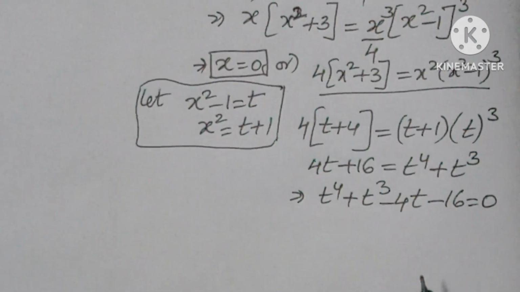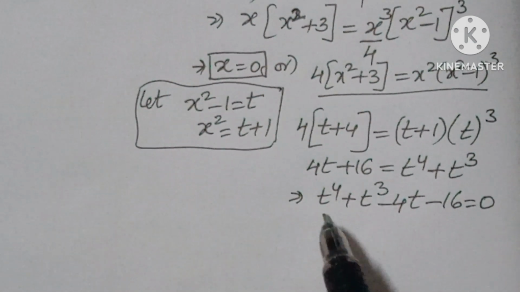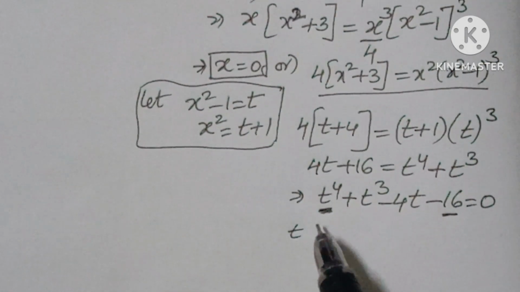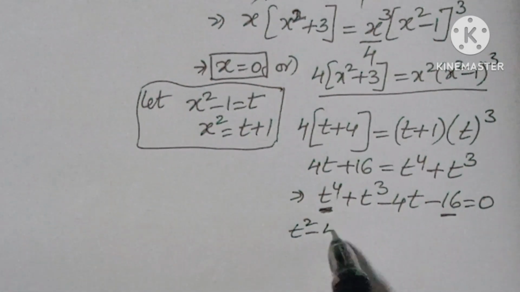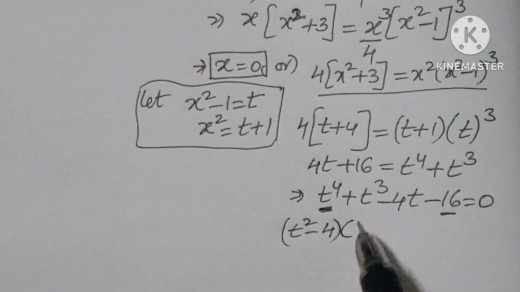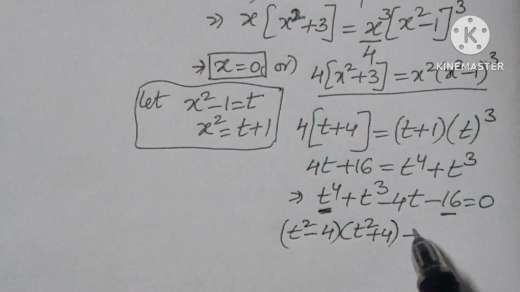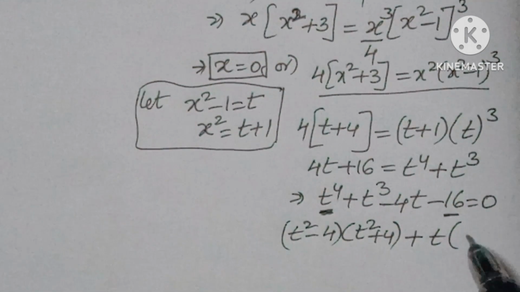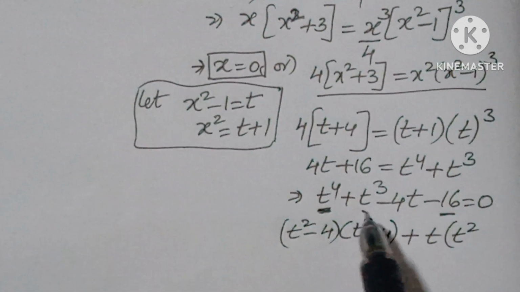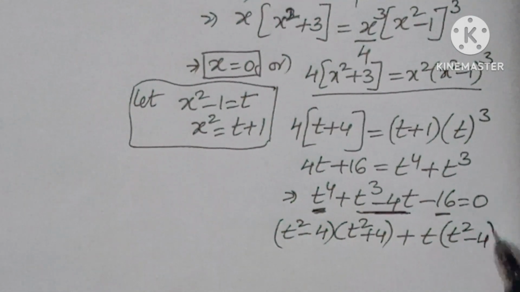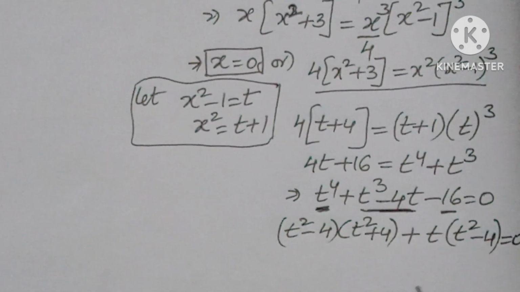Here you can take these terms together and write it as (t squared minus 4)(t squared plus 4) plus, in the other two terms taking t common, t(t squared minus 4) equal to 0.